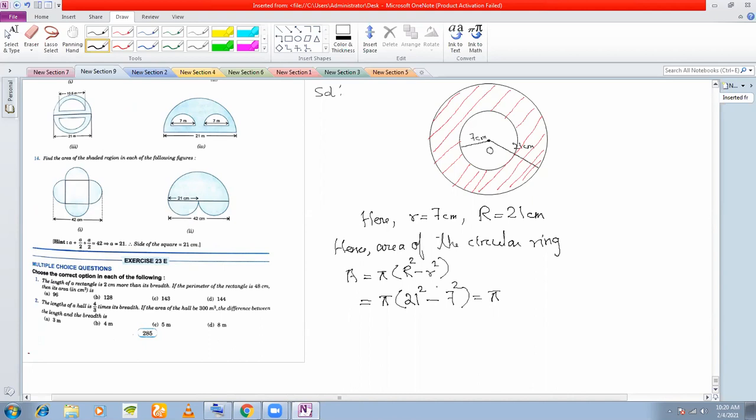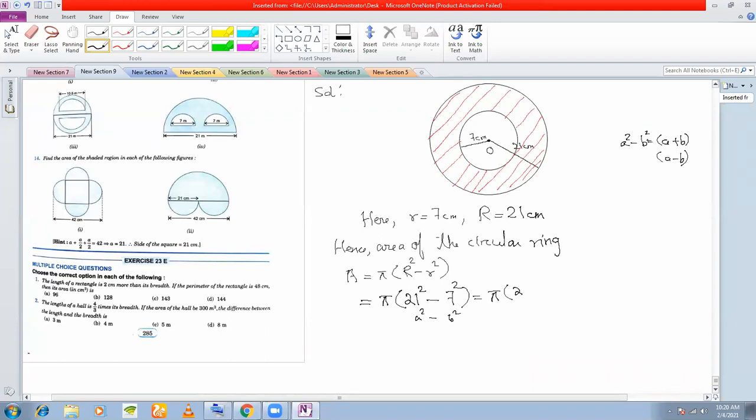But in order to simplify your calculation, you can use the a plus b into a minus b formula. You know that a square minus b square is equal to a plus b into a minus b, right? Here this is your a square and this is your b square.